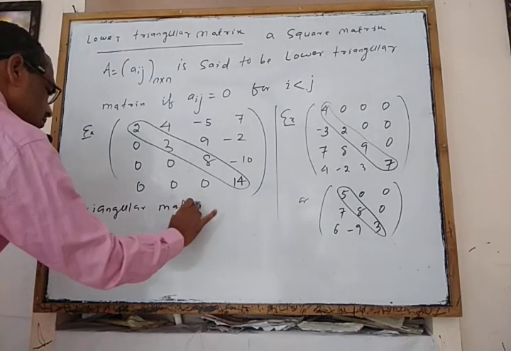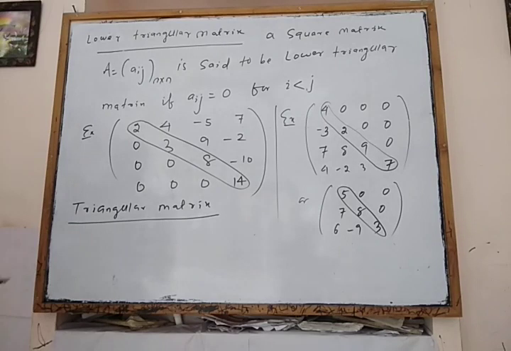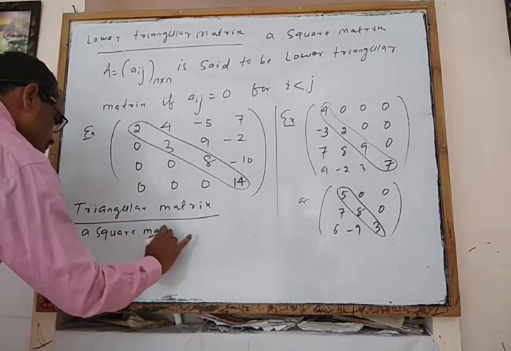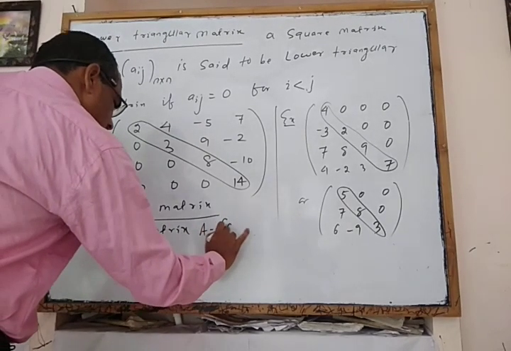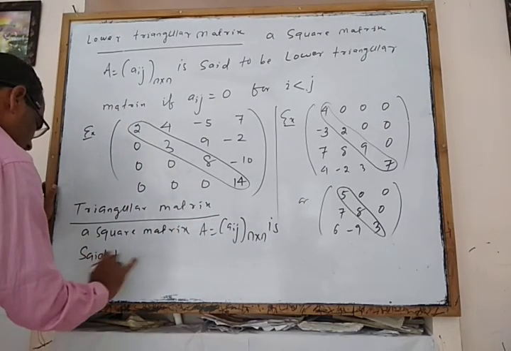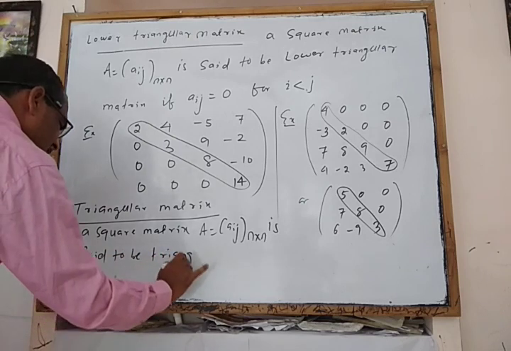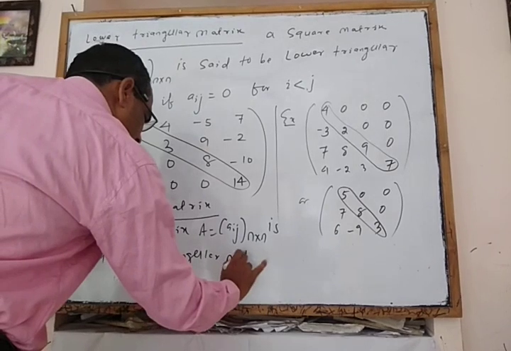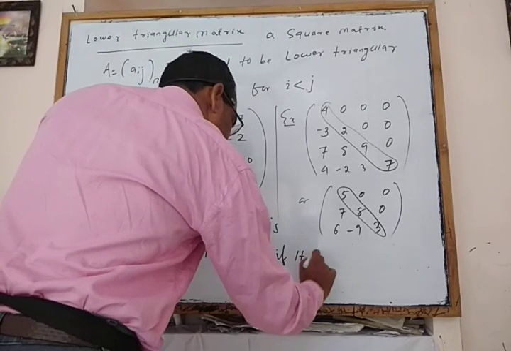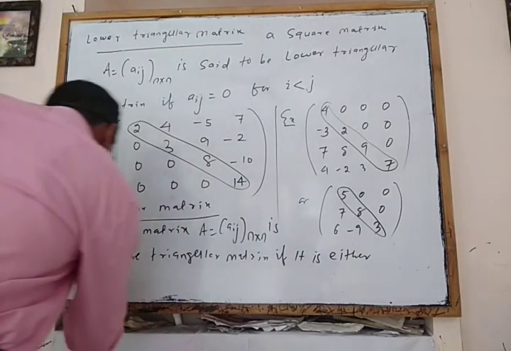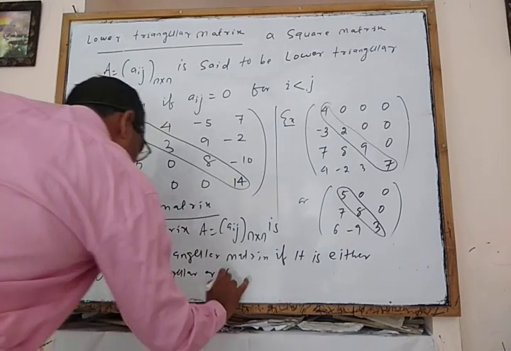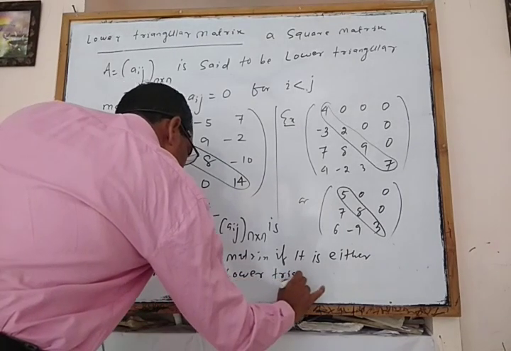Triangular matrix means a square matrix A = [aij] of order n cross n is said to be a triangular matrix if it is either upper triangular or lower triangular.